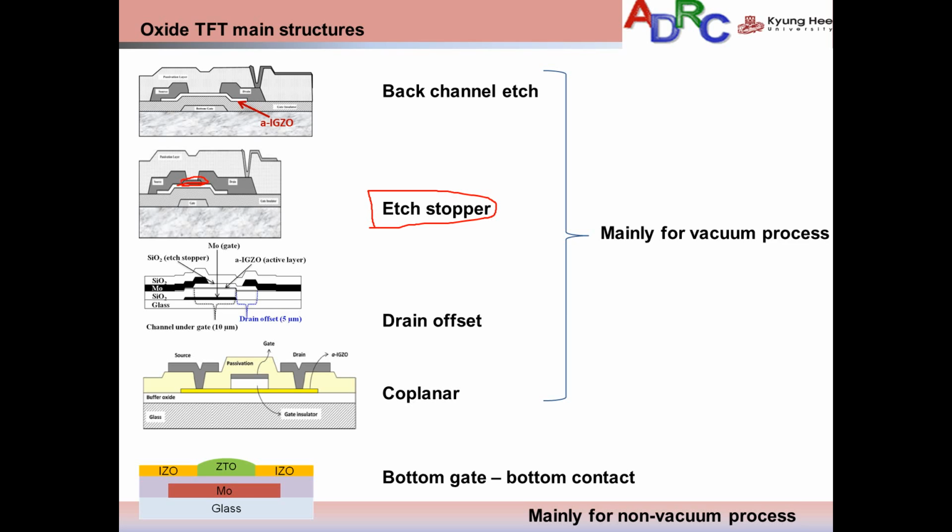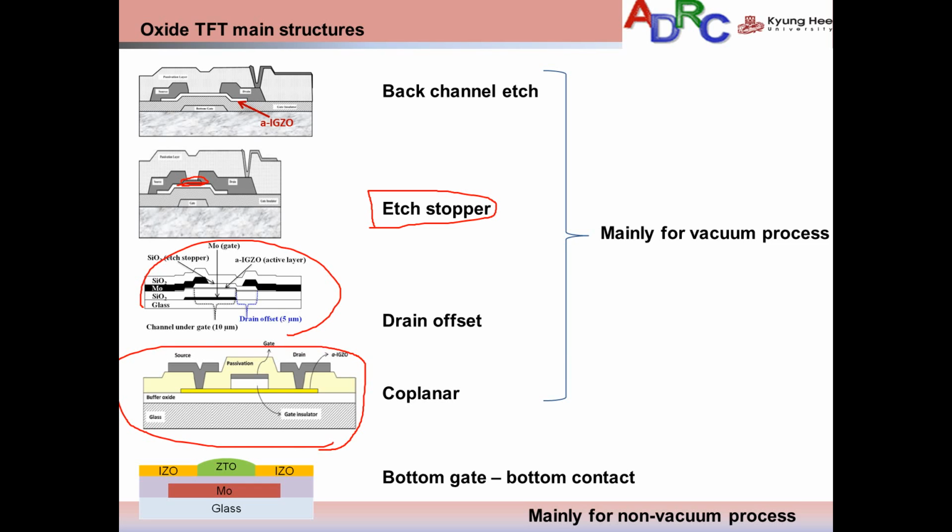Other structures which are more conventional, such as the coplanar structure and also drain offset, have also been introduced and studied. And in the case of non-vacuum process, so it means solution process, spin coating, or inkjet printing, the main TFT structure is the bottom gate bottom contact.